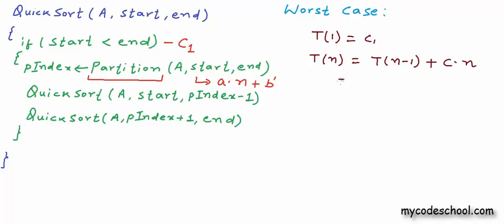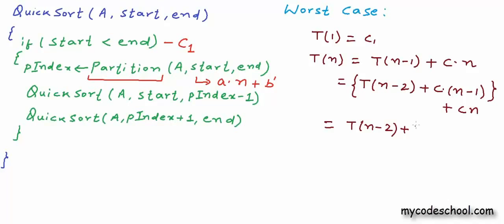This recurrence relation is really simple to solve. We can go on reducing. T(n-1) can be written in terms of T(n-2). So it will be T(n-2) plus c into (n-1) plus, of course, we will have cn here. So this will be T(n-2) plus 2cn minus c. And we can go on reducing.